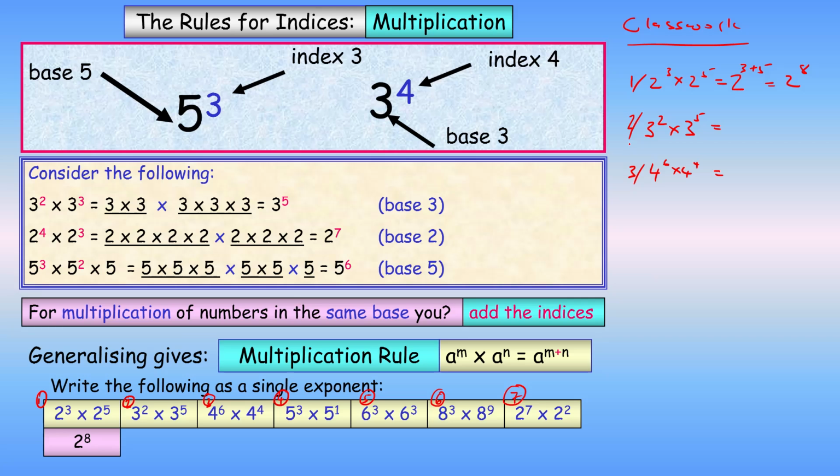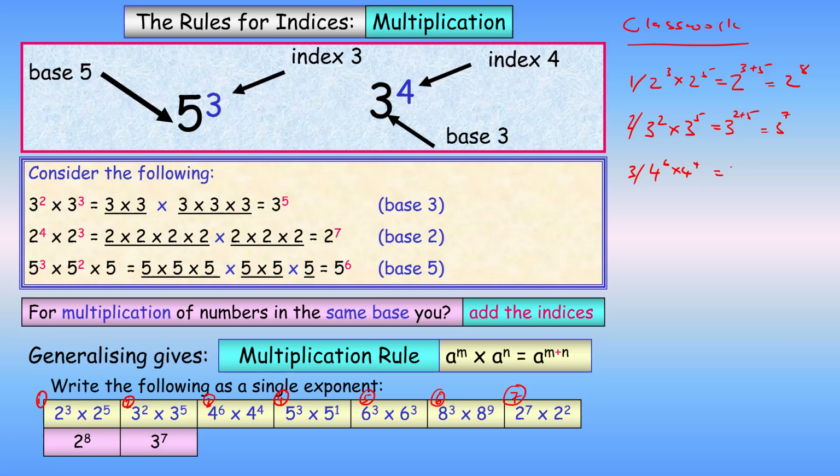So we've got 3 squared times 3 to the power of 5. So you should write 3 to the power of 2 plus 5 equals 3 to the power of 7. Next, 4 to the power of 6 times 4 to the power of 4.